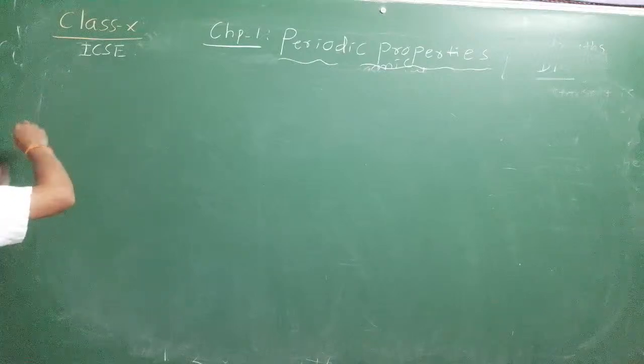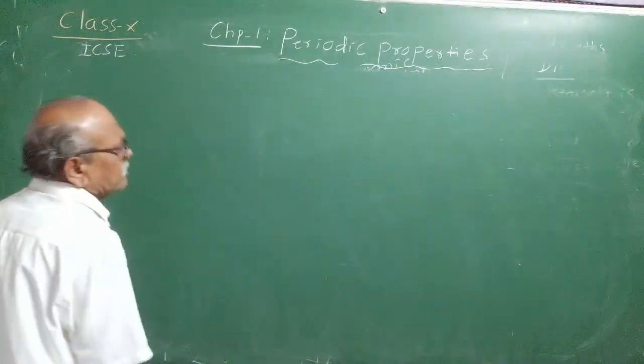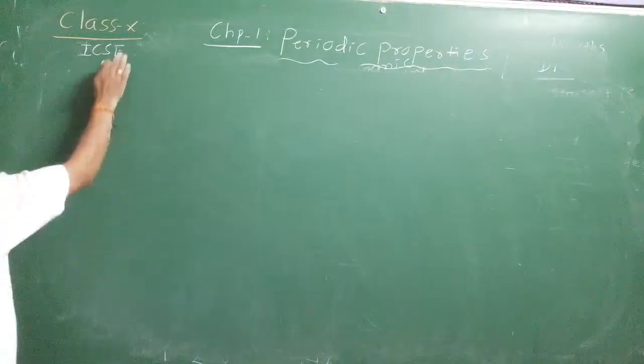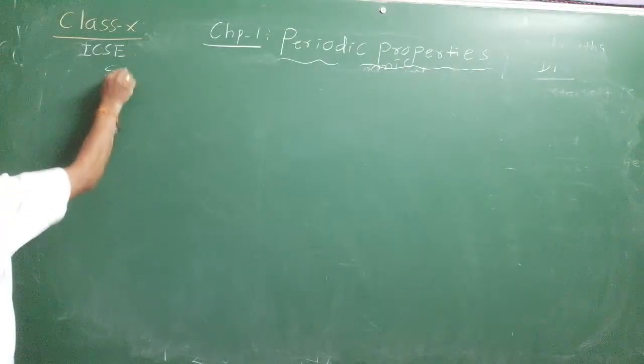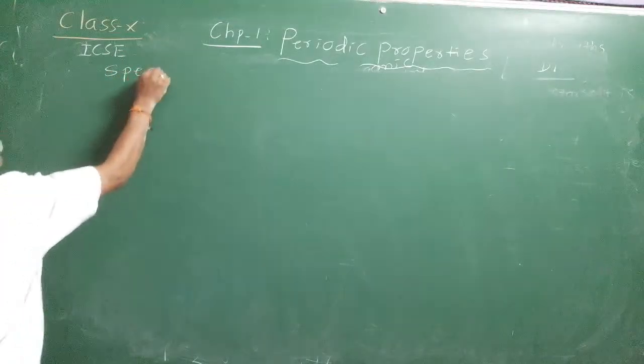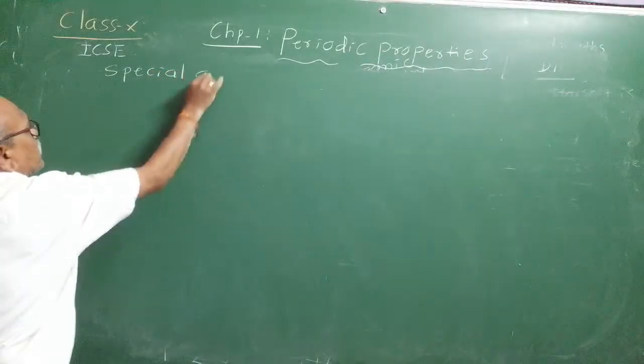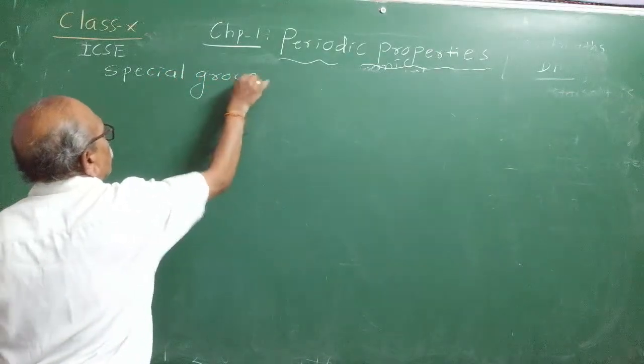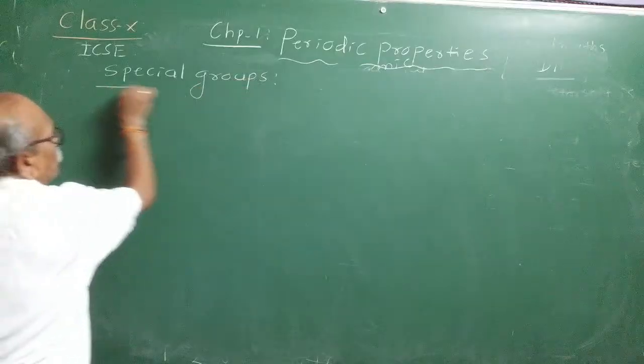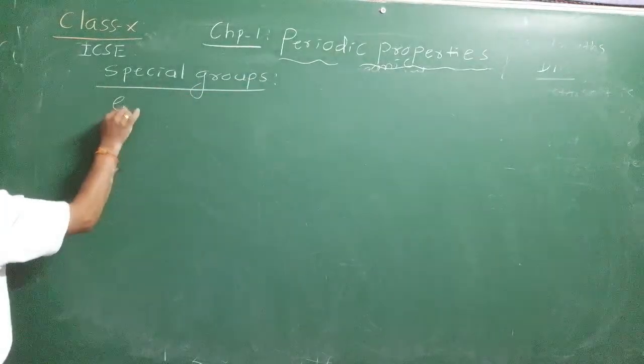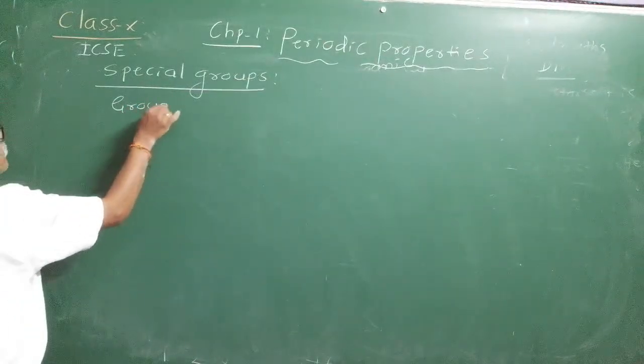So the modern periodic table we studied at length. Some special groups are there. Remember them in the periodic table. If you have got a periodic table, keep it open. Group 1 elements have special names.